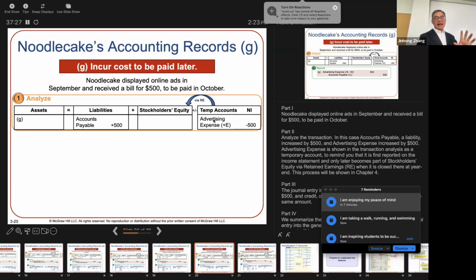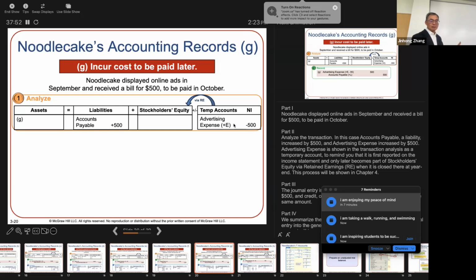The increase of advertising expenses caused the decrease of net income $500, and the impact on the balance sheet is you have reduced stockholders' equity $500. Okay, you get that? They kind of jumped one step.